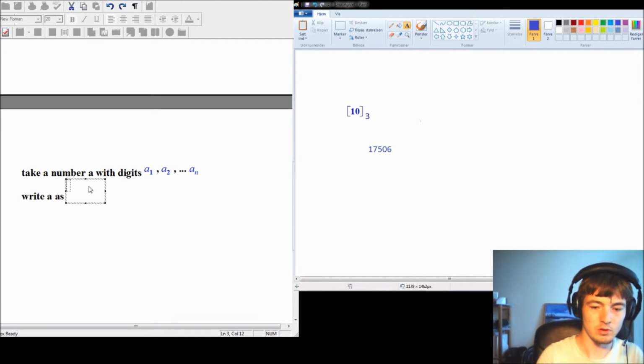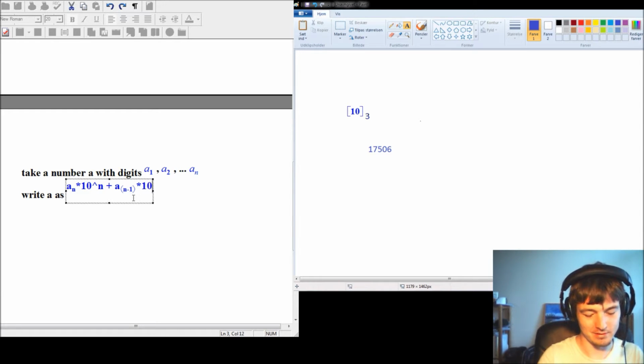So I'll do An times 10 to the power n, plus, I'm imagining this to be horribly confusing, but that's the way we do it in maths, 10 to the power n minus 1, and then I add stuff.